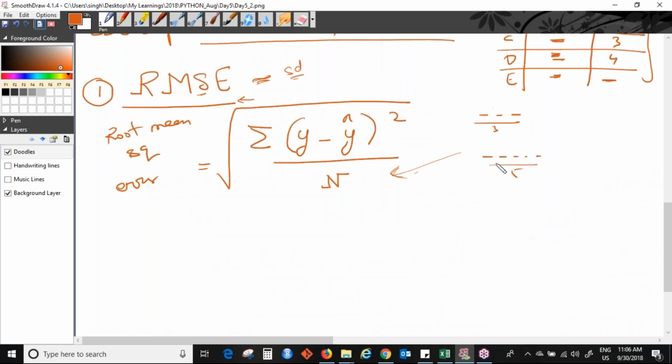So it will get normalized, and what you will get is an average number, the average amount of error your model is making. So this can be directly used to compare multiple models irrespective of the number of points that has been used. Do you follow?